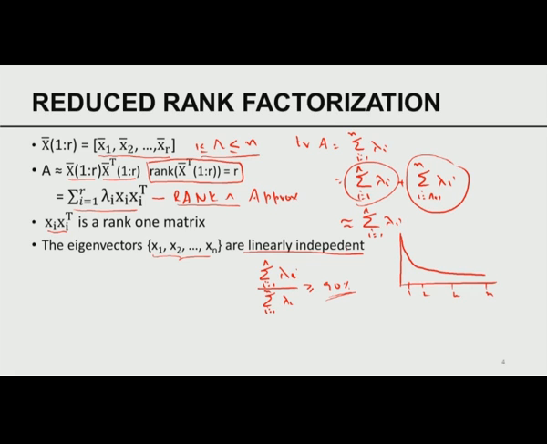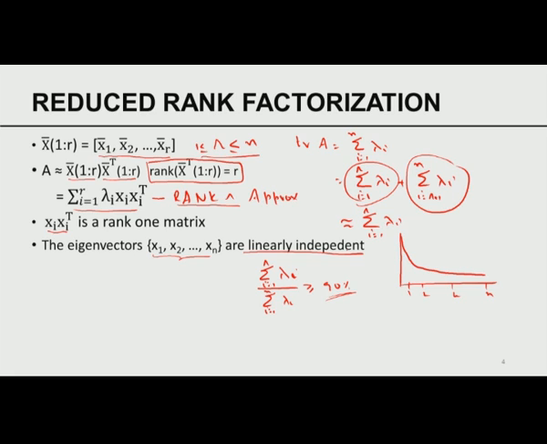So we talk about two things now. I want to go back to where we are. We started with a positive definite matrix A. We got an eigen decomposition. We also got a square root version of A. A is equal to X bar times X bar transpose. That is the square root. Now we are trying to interpose another idea.